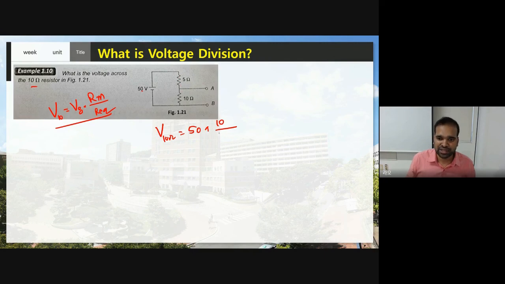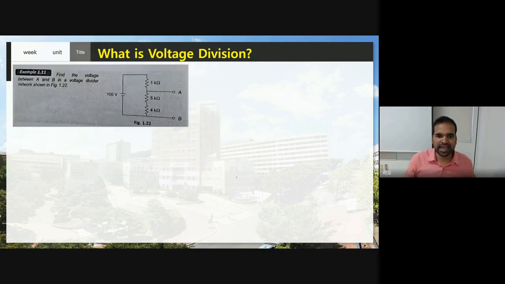In series. So 10 plus 5, yes or no? Then you can find it, 50 into 10 by, this is what? 15. Therefore, voltage drop at the 10 ohm resistor, you will get what? 33.3 volt. Clear?